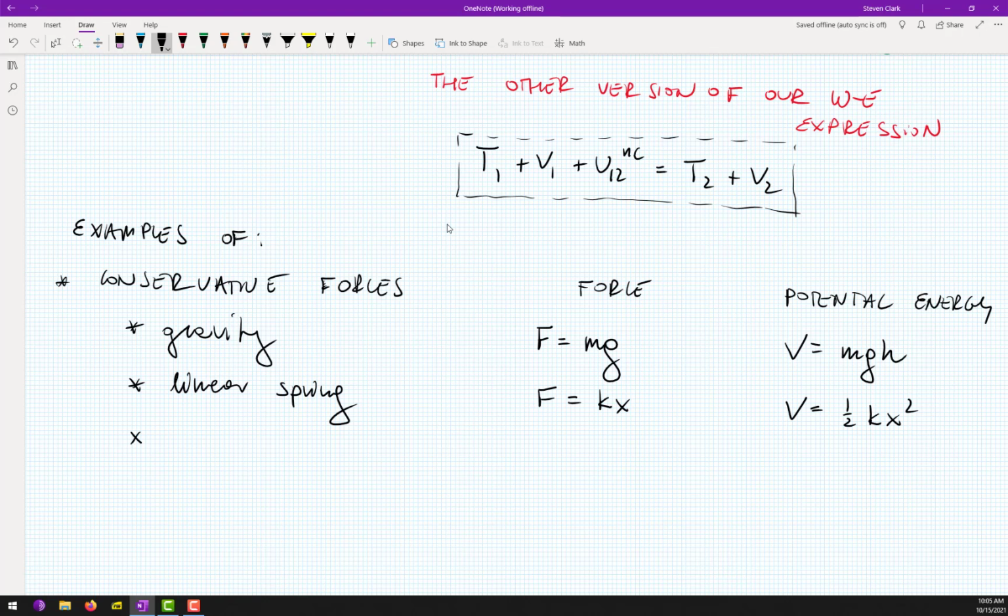I think this semester you can also encounter a cubic spring, where the force is kx cubed, and the potential energy will be 1/4 kx to the power of 4. There might be some other conservative forces you can run into this semester, but I don't recall any. We will see. And if there is a force that is not in our table, you will know what to do with it. I have no doubts.